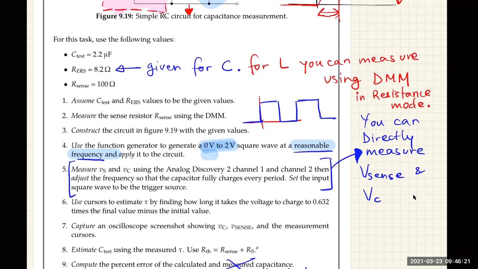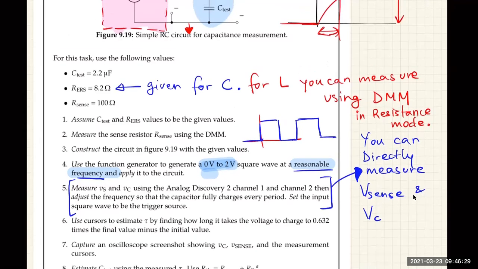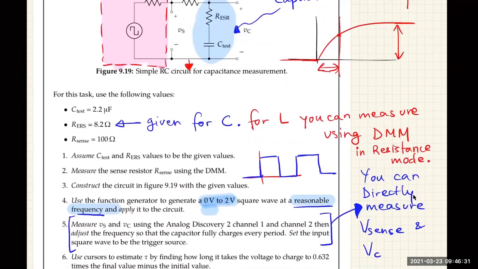And the question is, what does reasonable frequency mean, right? So you have to use this idea of time constants again. You know what capacitor you're using, and you know the series resistance attached to it, right? So you have an idea of what the expected time constant is.